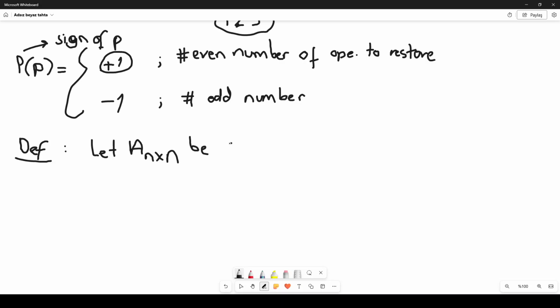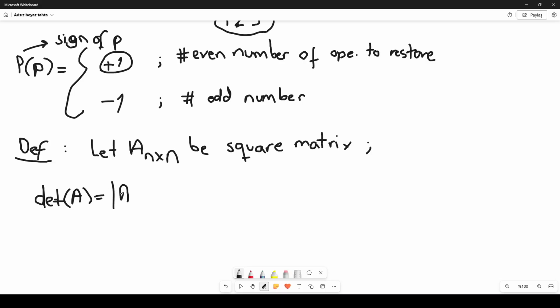Okay, so we have a square matrix here, and following that fact, we can define the determinant of a matrix.